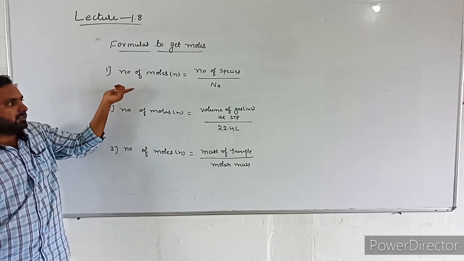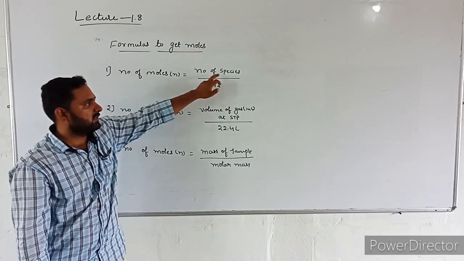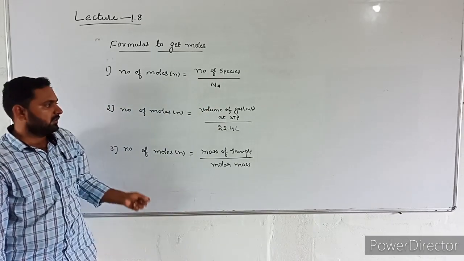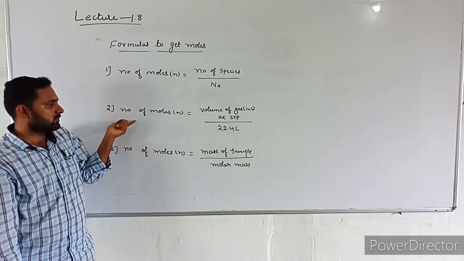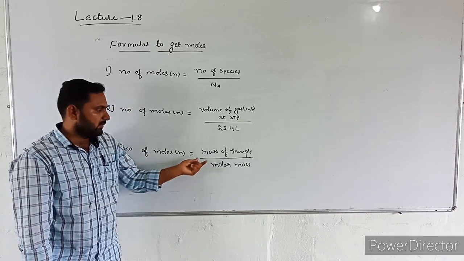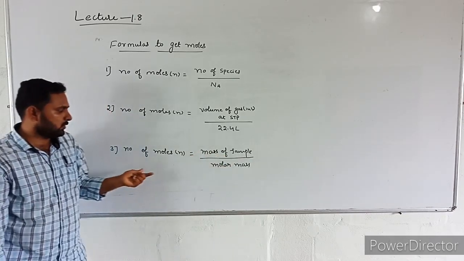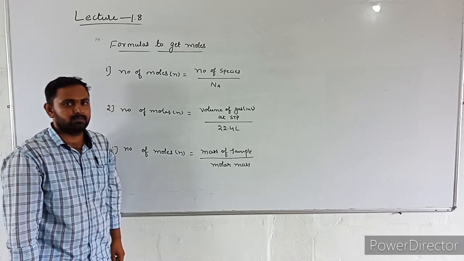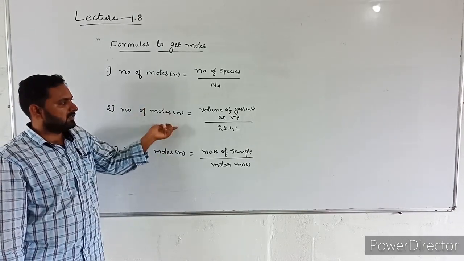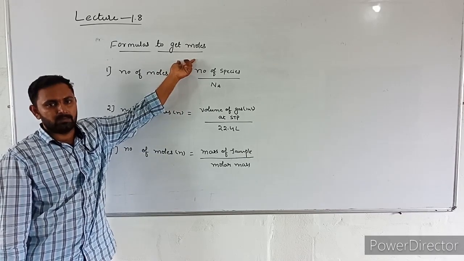We use the first formula when the number of species is given in the question. If the volume of gas is given, then we use the second formula. If the mass of sample is given, we use the third formula to calculate the number of moles.